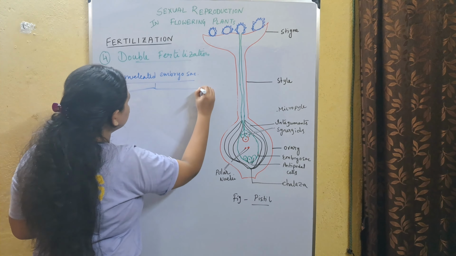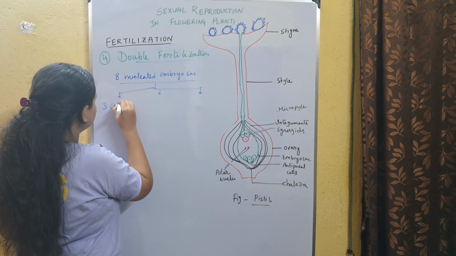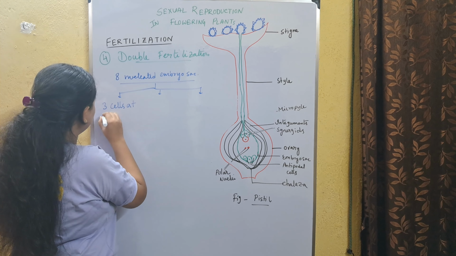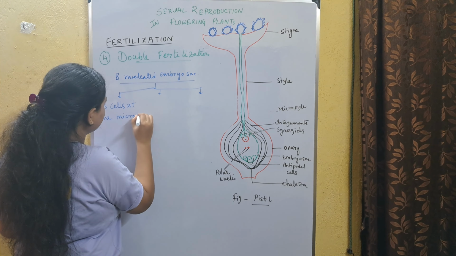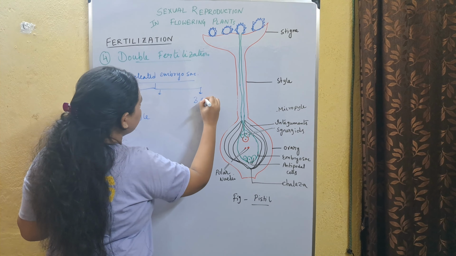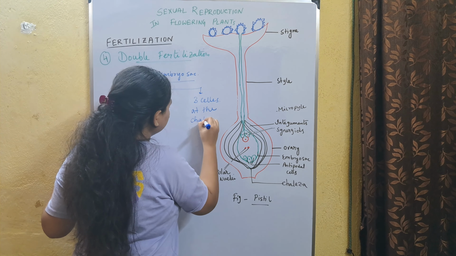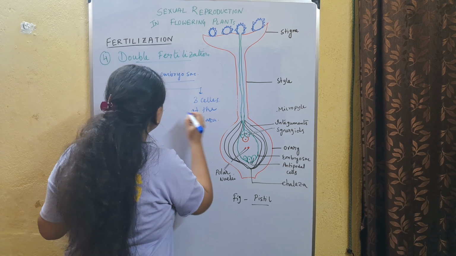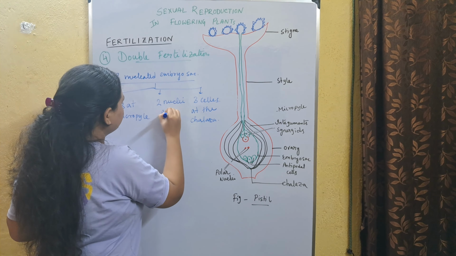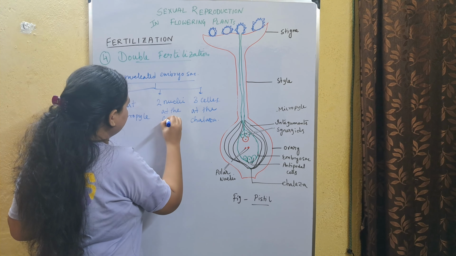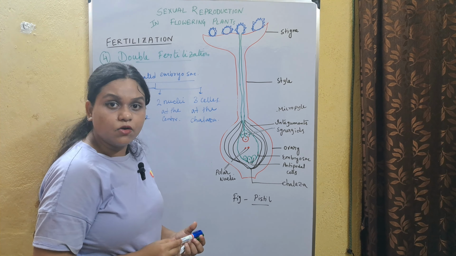These three cells at the micropyle, three cells at the chalaza, two nuclei at the center. Now, let's understand what they are really called.